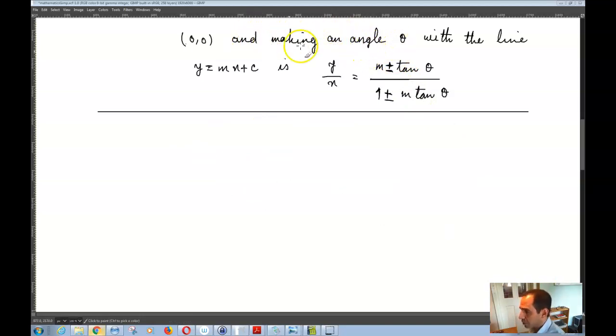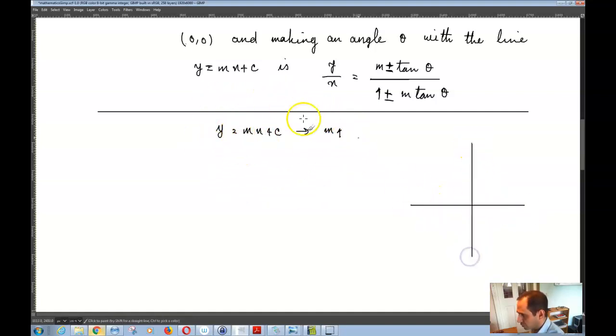Let's go over here and see what the slope of this line is going to be. Let's say you have this line over here, y is equal to mx plus c, and I call the slope of this line m1, and the line whose slope I want to find, I call its slope m2. These two lines are going to intersect, and the acute angle between them is going to be theta.